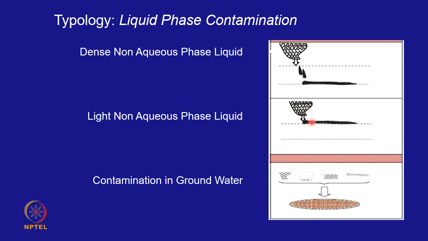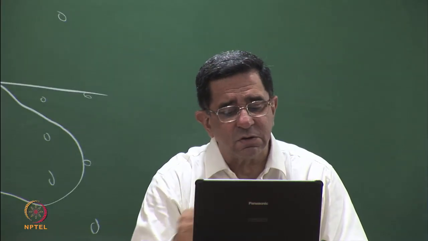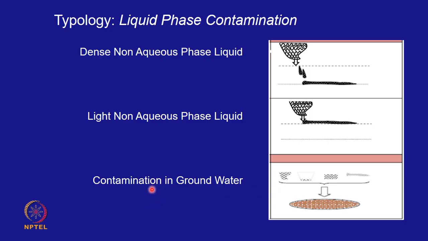It won't mix with the water, it's immiscible, but it will float. So DNAPL and LNAPL are the ones which are observed at various hydrocarbon processing stations or the petroleum stations. And finally, you may have many sources contributing to contamination in the groundwater. So this is the typology which is now universally recognized for the sources of contamination.